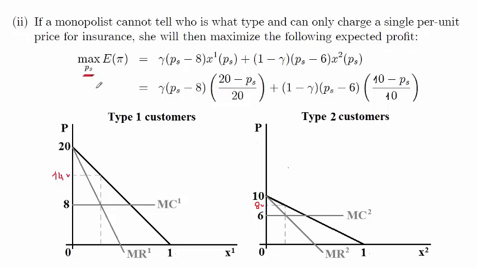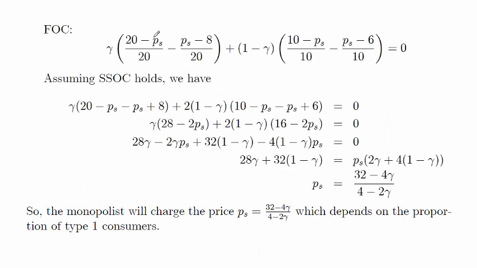Now, what exactly it will be turns out will depend on the proportion gamma, right? So let's figure out how this will depend on gamma. We know that to maximize any function, we need to derive two conditions.